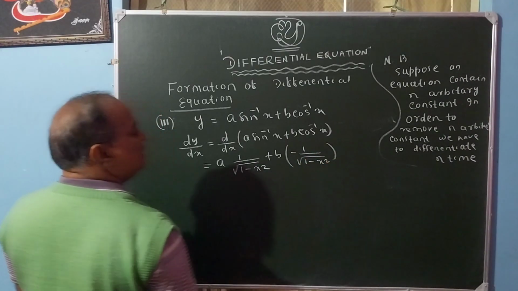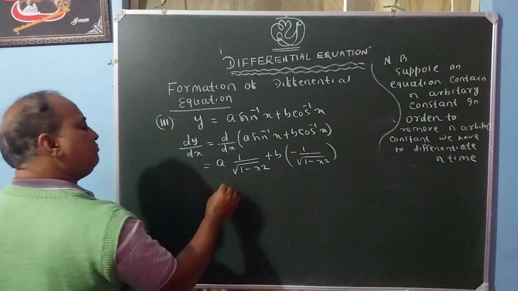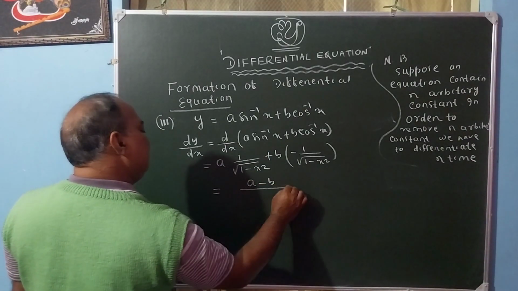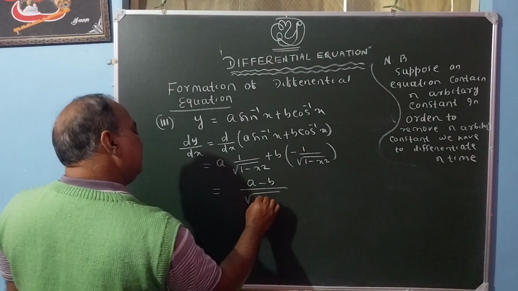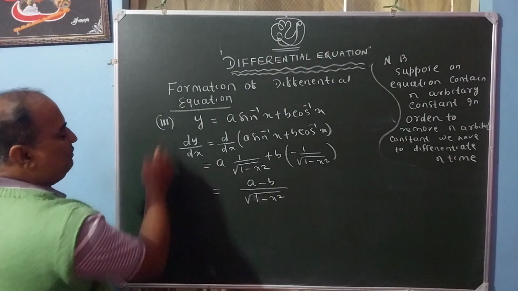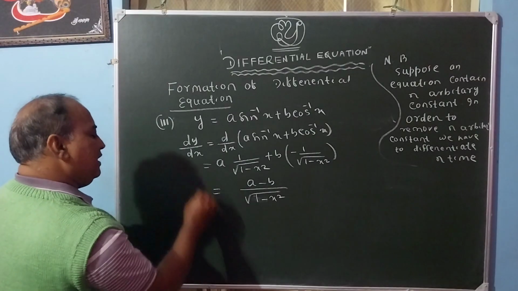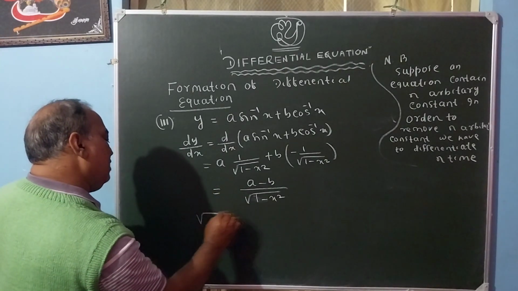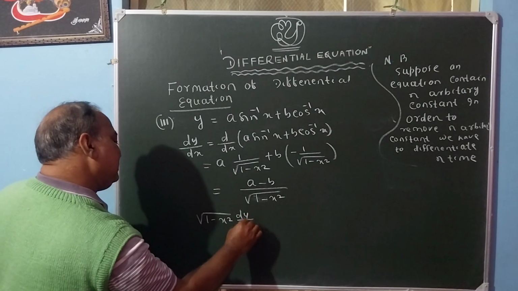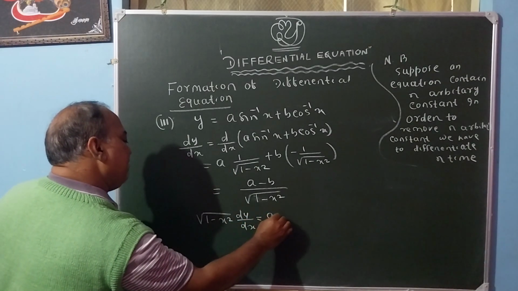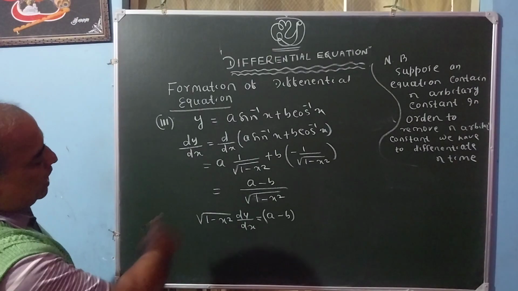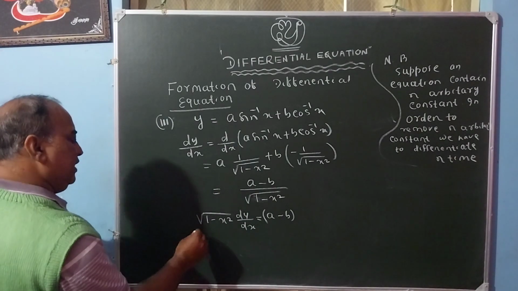So here we get, taking LCM, a minus b divided by square root of 1 minus x square. Cross multiplying, we get square root of 1 minus x square into dy/dx is equal to a minus b. Very special problem. Now squaring on both sides.